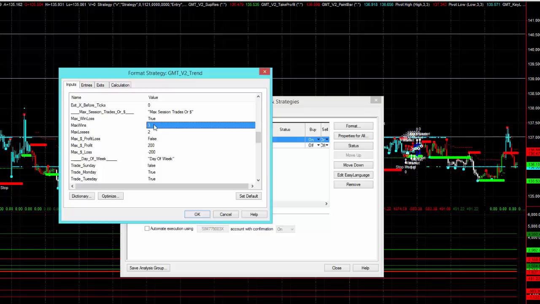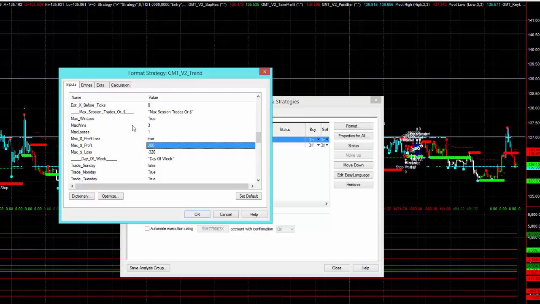Then we would need to turn that to one losing trade. The other option is to set the max profit and loss to true and set that to negative 320. That way, either way, we're setting our risk profile up. So we want to make sure that's definitely the case.